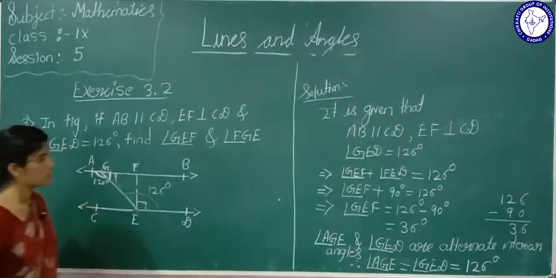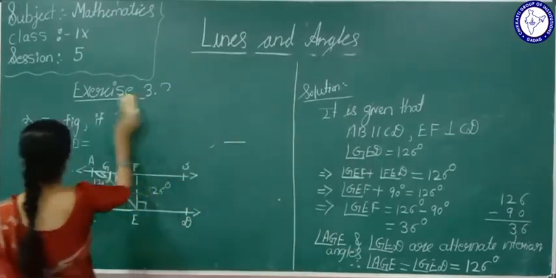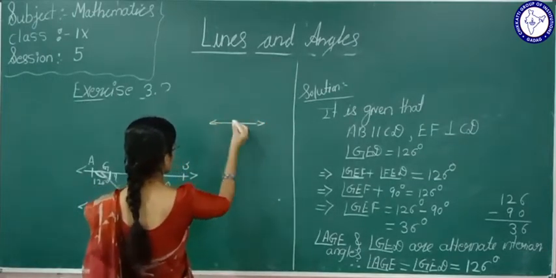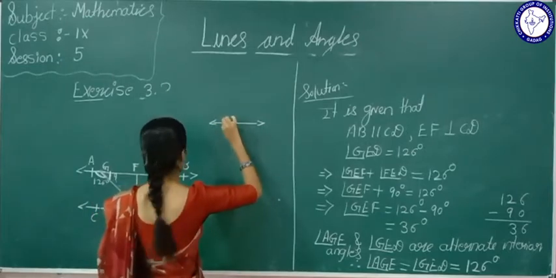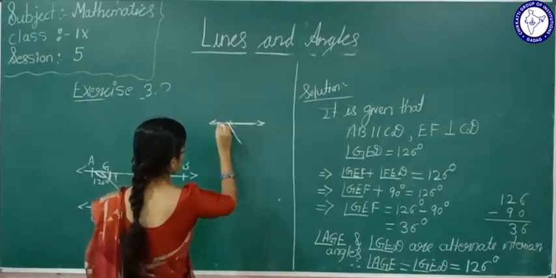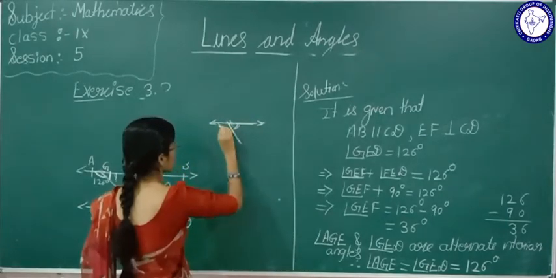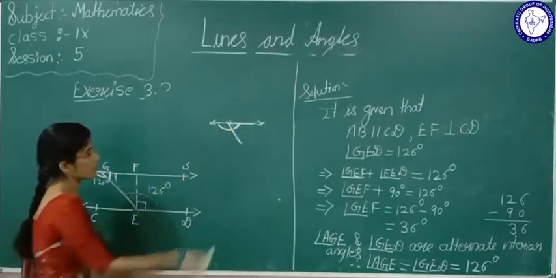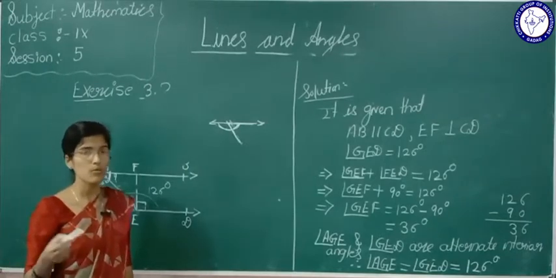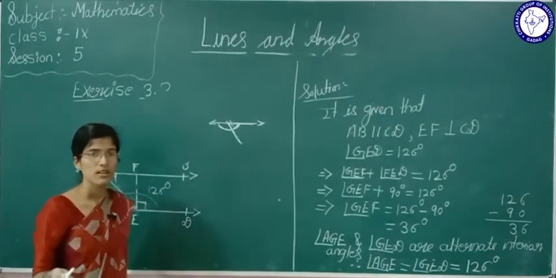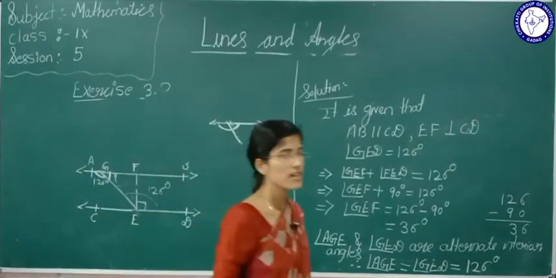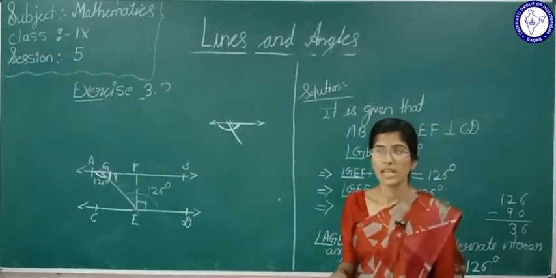Now see, just remember, or just revise the concept. You have to tell me this answer. If a ray is standing on a line, then the sum of these two angles will be what, students? The sum of these two angles will be 180 degrees. If the sum of two adjacent angles is 180 degrees, then we call it a linear pair.